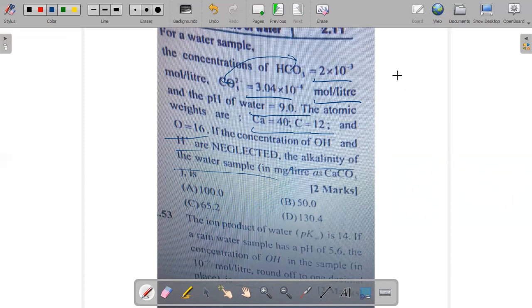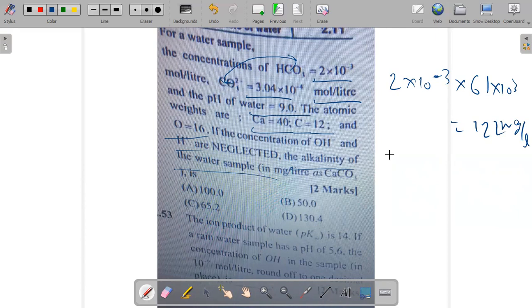So by using these two only. We have a concentration of HCO3 minus 2 into 10 to power minus 3. So first you need to change it into milligram per liter. So multiply it with the respective atomic weight, which is 61 into 10 to power 3. It's about 122 milligram per liter.